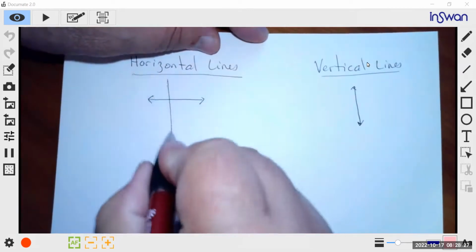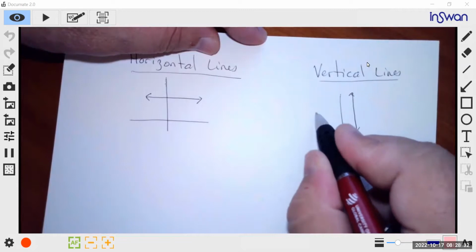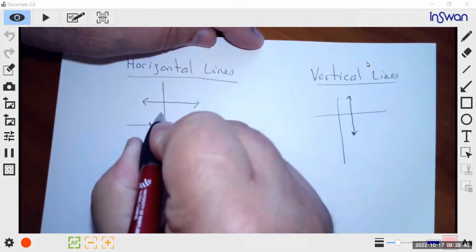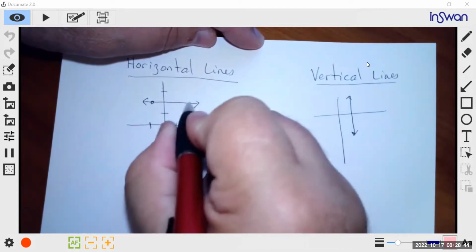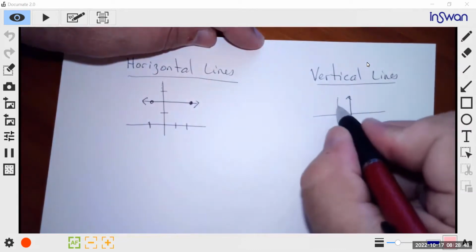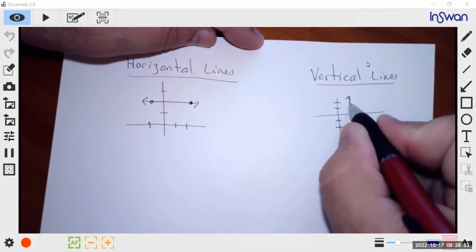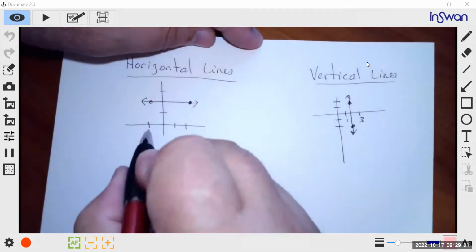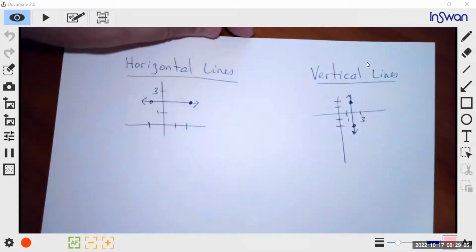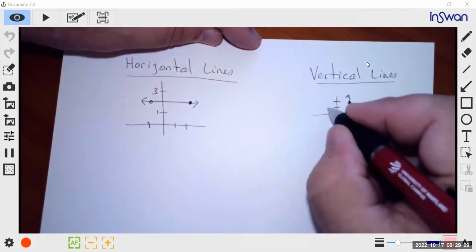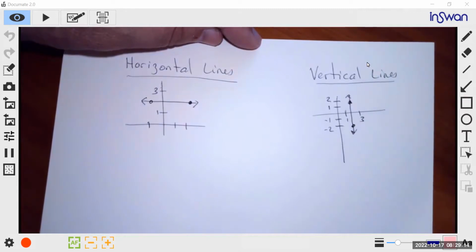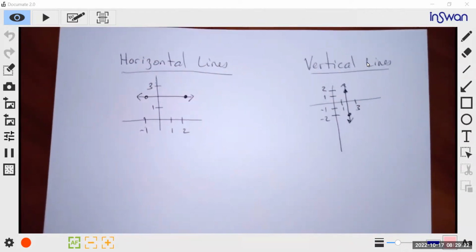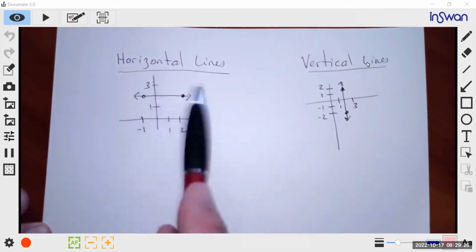Well, let's see. If we had an X and Y graph here, and an X and Y graph here, and I had 2 points. So we know that's a horizontal line, and that's a vertical line.